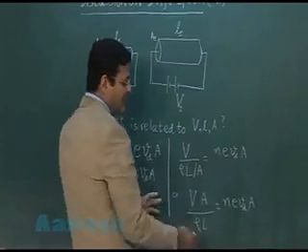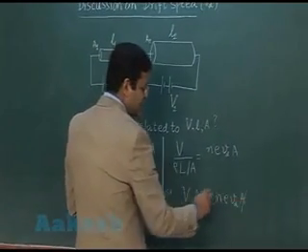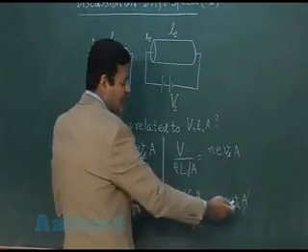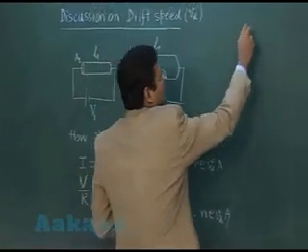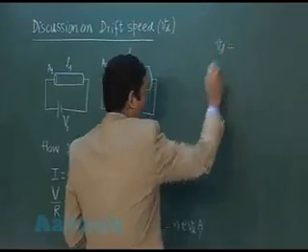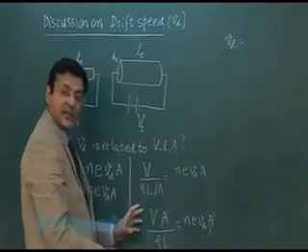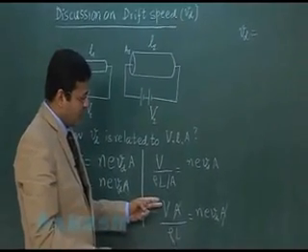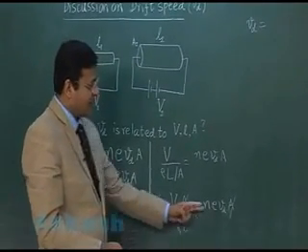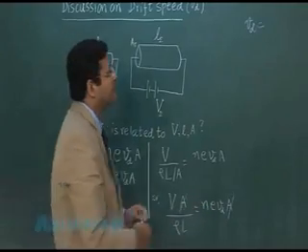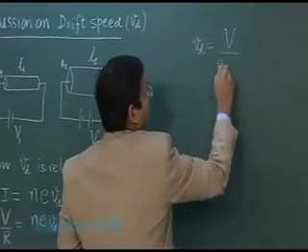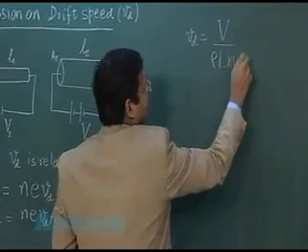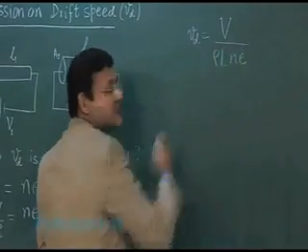Now if you manipulate this, you will find that area is not appearing, and Vd can be written as V upon rho L Ne. What is the meaning of this?